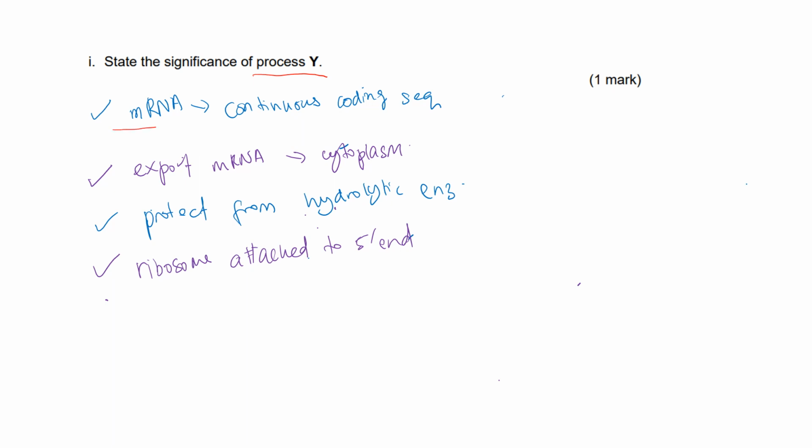This will produce a mature mRNA that has a continuous coding sequence, so the protein molecule is synthesized continuously without the interruption of the introns. This gives you 1 mark.